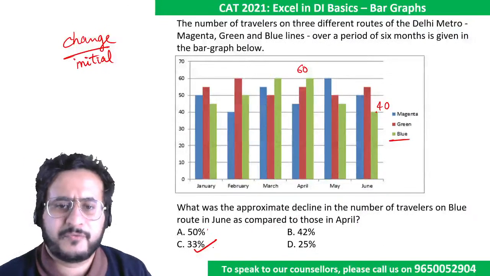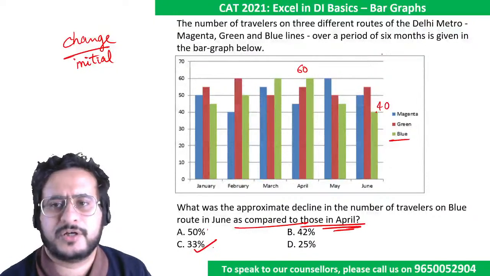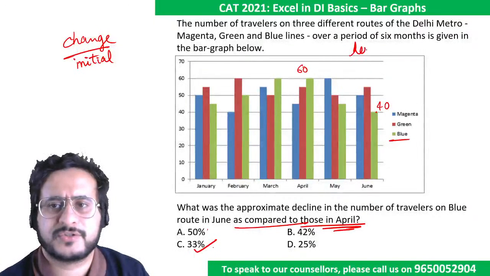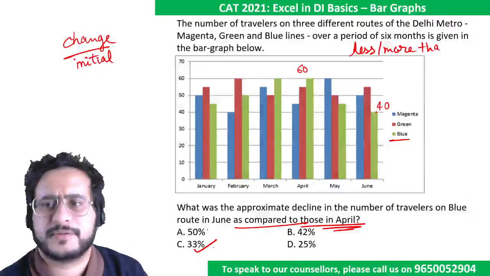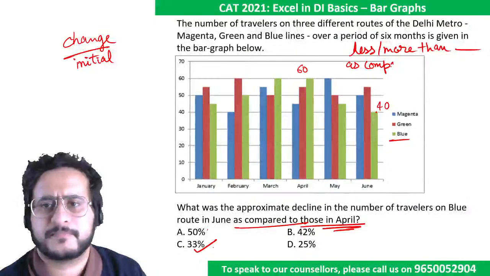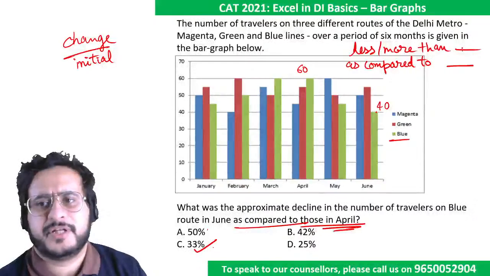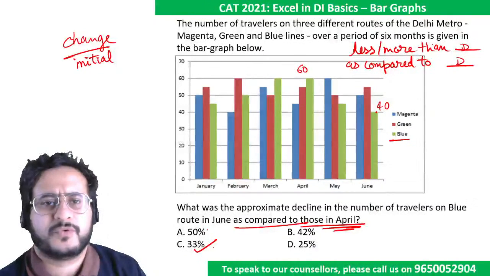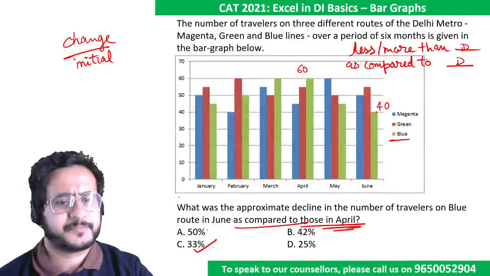So always remember whatever comes after "as compared to", that you take as a denominator. So you will take 20 by 60, that is 33%. All right.